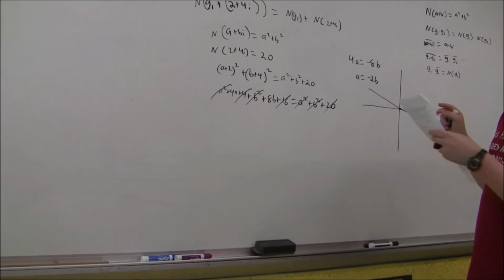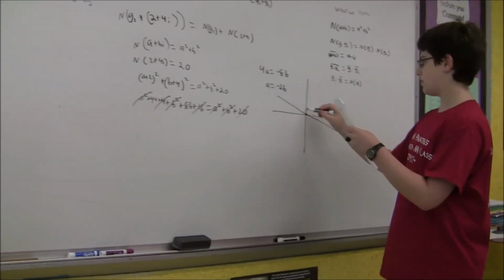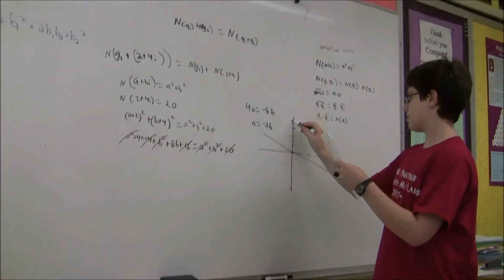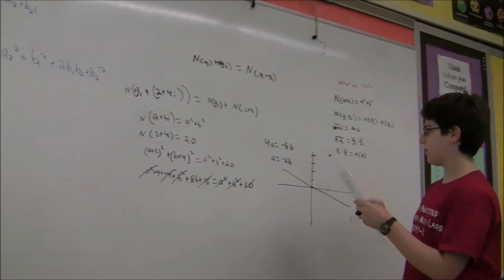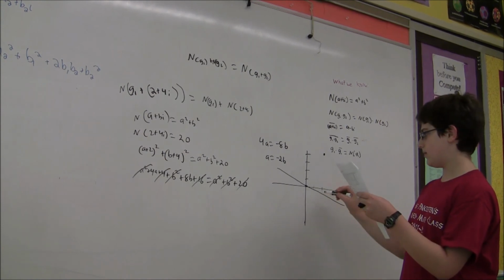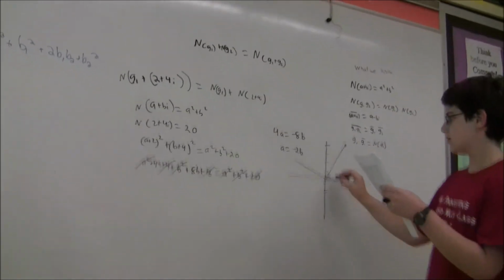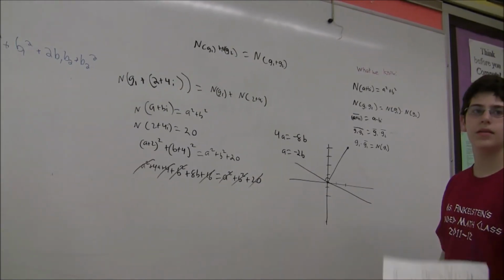So you can plot 2, 4. That's 2 plus 4i, and it connects to 0, 0.